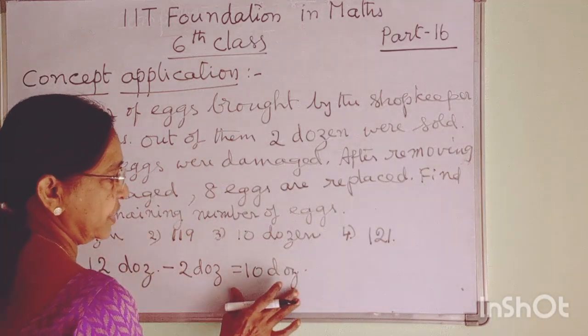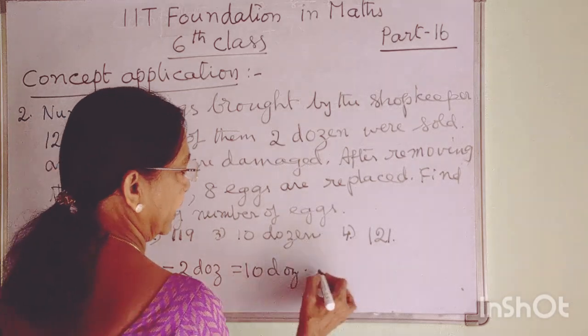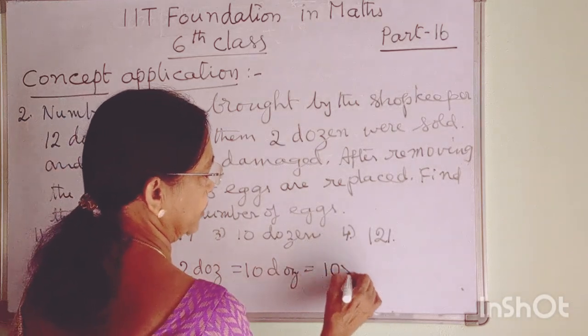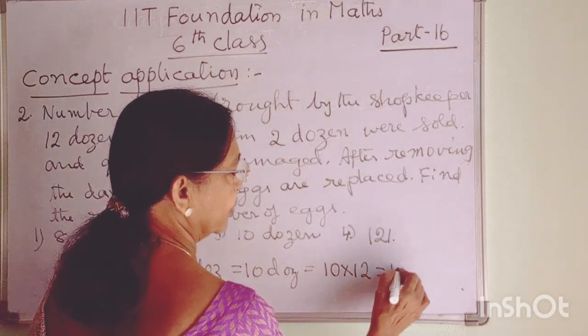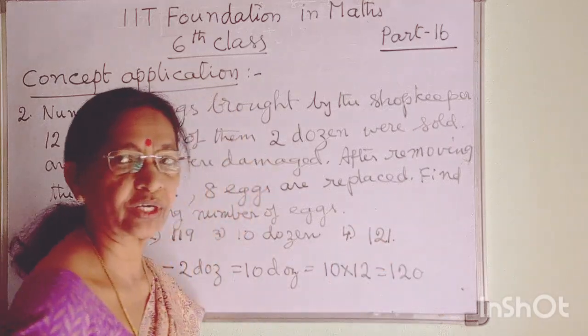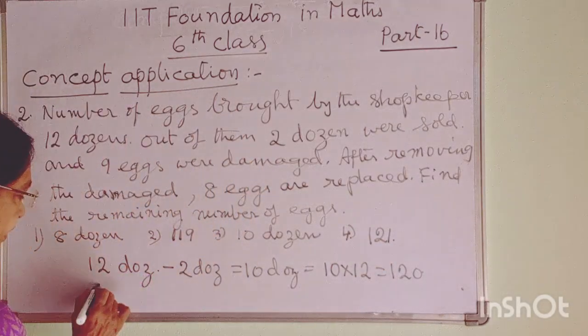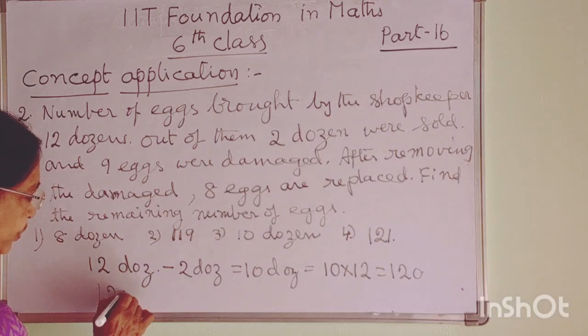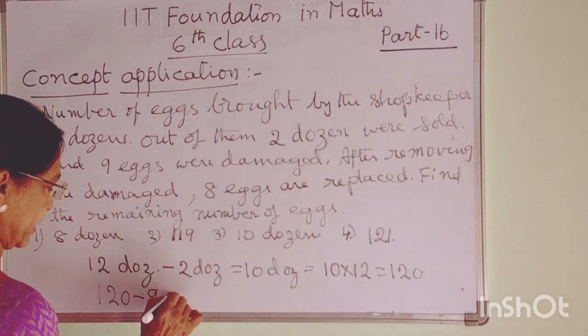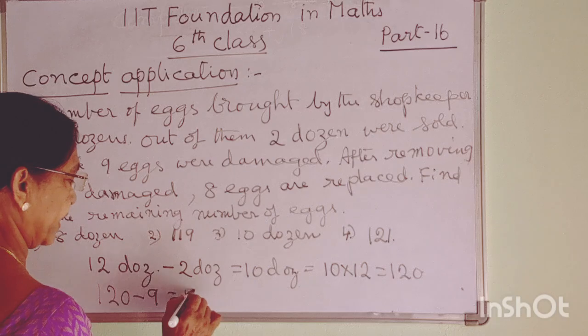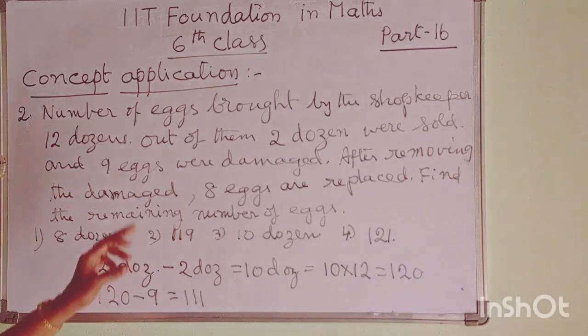So, out of this, 9 eggs were damaged. 10 dozens means 10 into 12, that is equal to 120. Out of this 120, 9 were damaged. Therefore, if we delete this 9 also, 120 minus 9 is equal to 111 eggs remained.